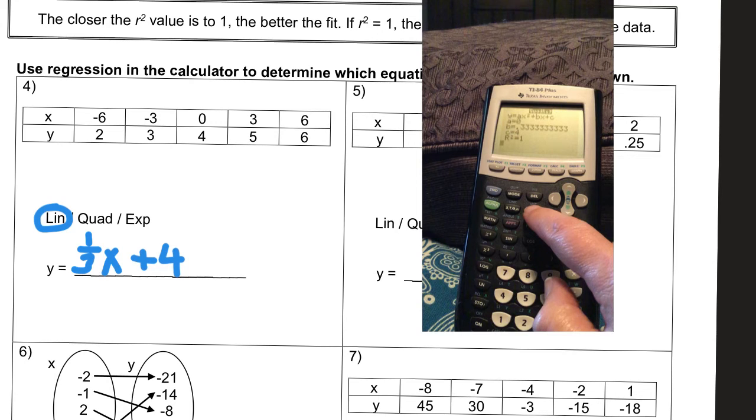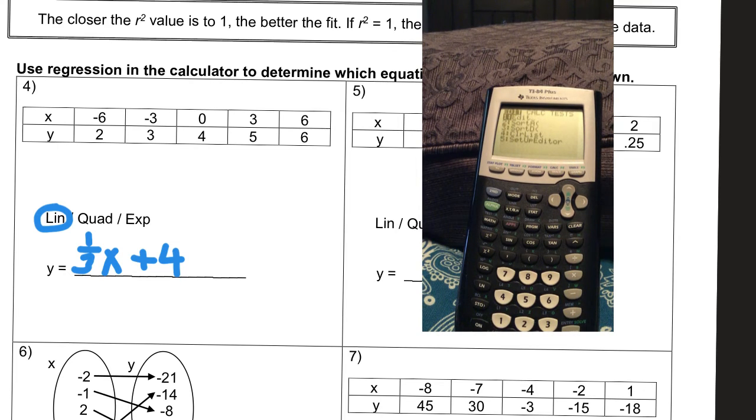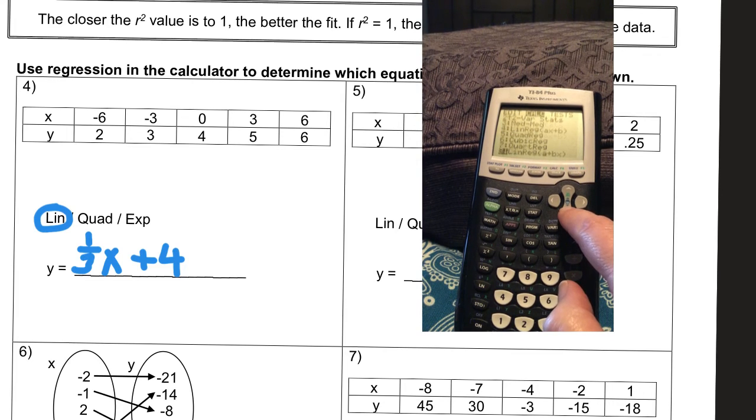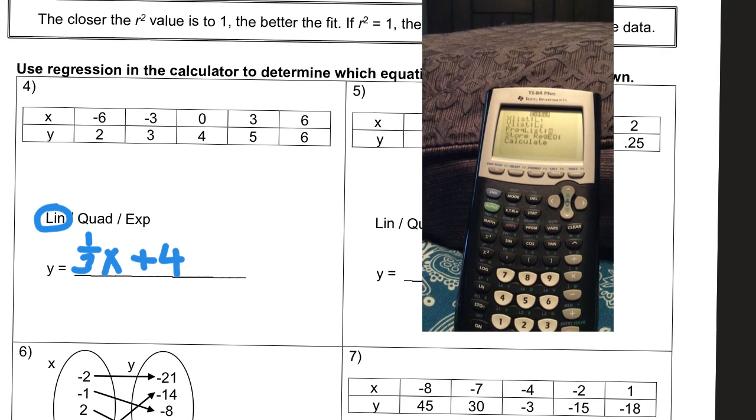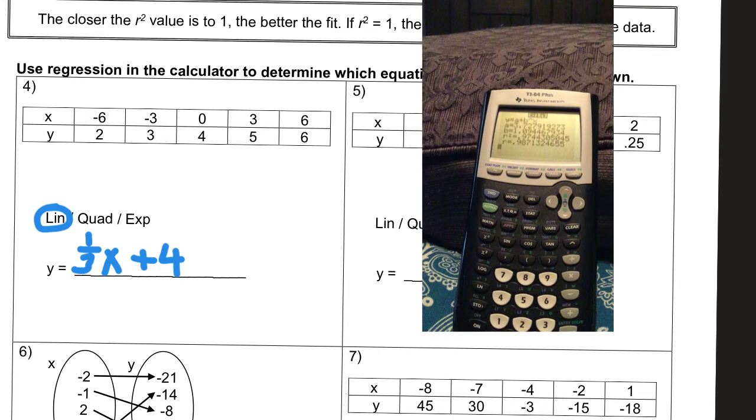So if the a is equal to 0, it would be 0 times x², which means that there is no x², which means that you have just a linear equation. Now let's look at the exponential function. Go to Calc, and you're going to scroll down to 0, which is the exponential regression. Notice that this R value is not equal to 1. So we can be sure that number 4 is a linear regression.